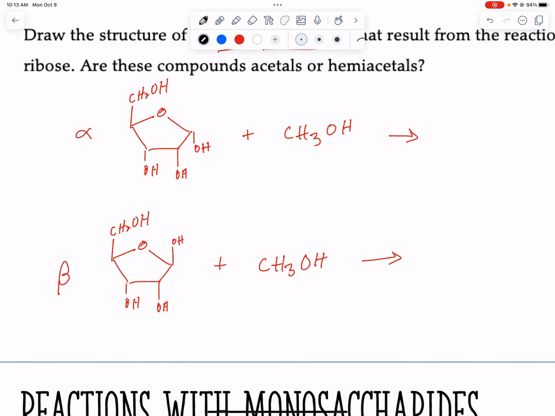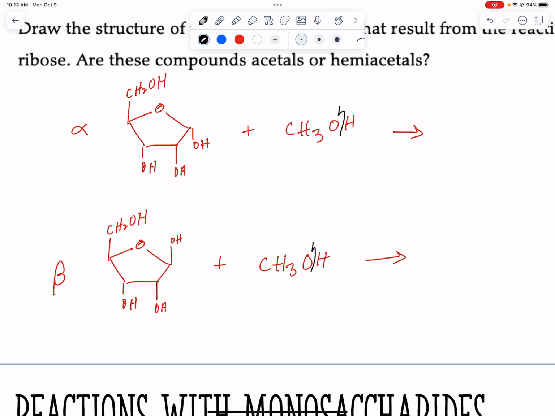Let's see which bonds we're going to break. We're going to break off the hydrogen from the alcohol in both cases, and then we're going to break off the OH group on the monosaccharide. And we're going to get a direct new bond. I'm going to draw this in blue between this oxygen and this carbon.